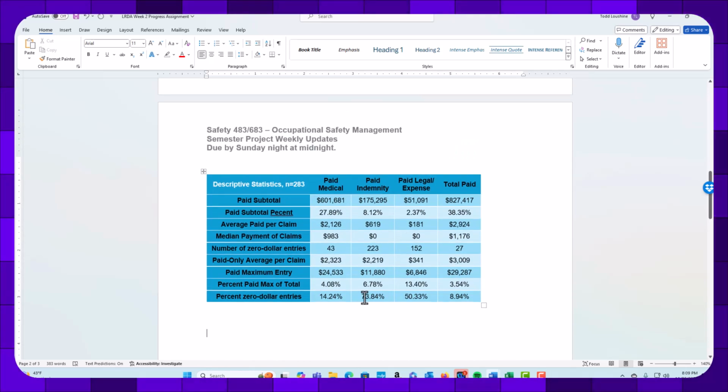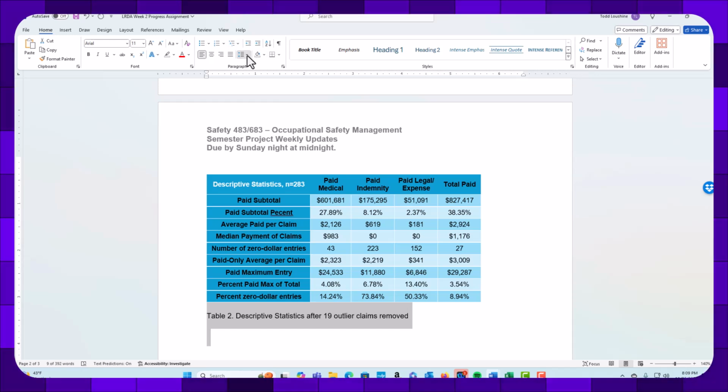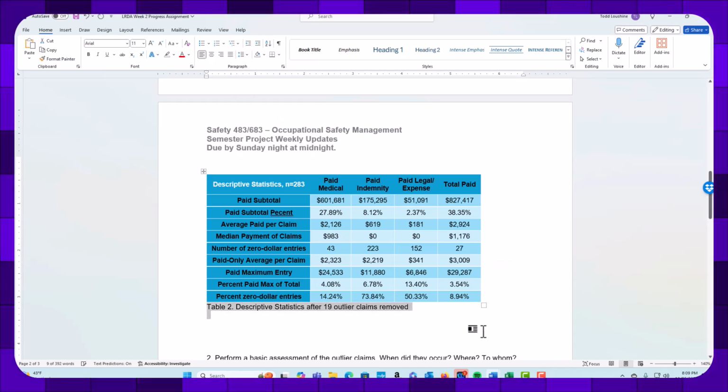Okay, so this is my table 2. Table 2. Descriptive statistics after 19 outlier claims removed. Okay. And I think I might need to get rid of space before and space after. There we go.